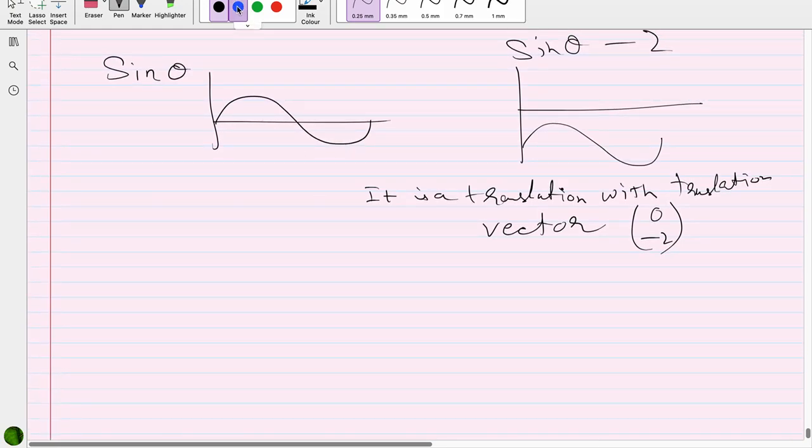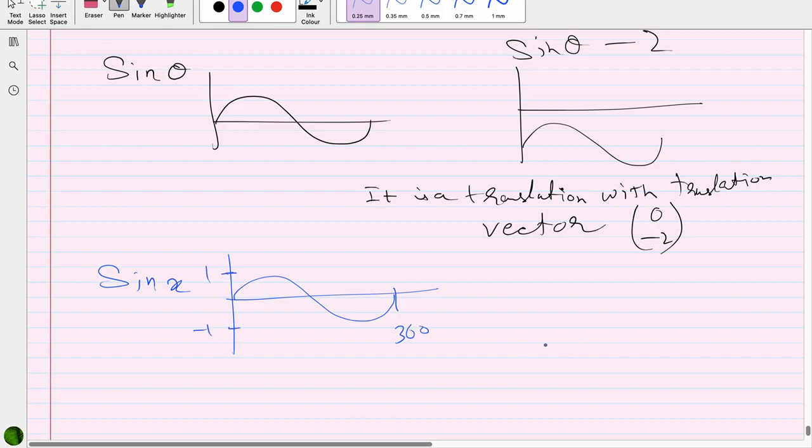Now the horizontal shift, we are doing this without squeezing it. We are not changing the value with theta or x. For example, you have sine of x. So sine x will look like this, ending at 360, lying between 1 and minus 1. And then we do sine of x minus 30.